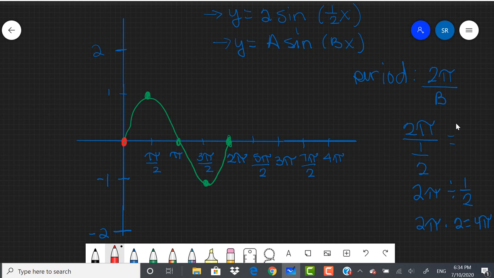But it's much simpler if I just go to pi. If I plug in pi, that's going to give me pi over 2, so at pi I am at 2.